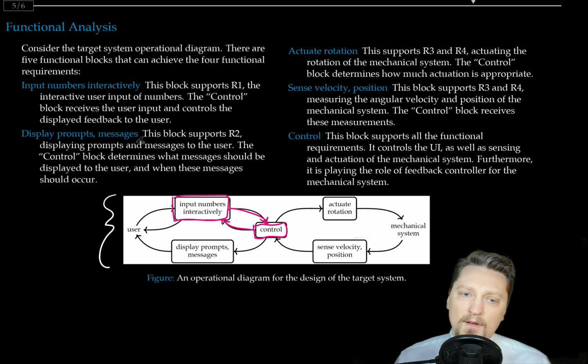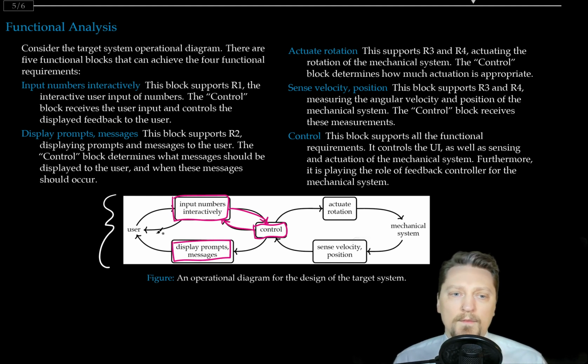Display prompts and messages. This block, shown right here, this block supports R2, displaying prompts and messages to the user. The control block determines what messages should be displayed to the user and when these messages should occur.